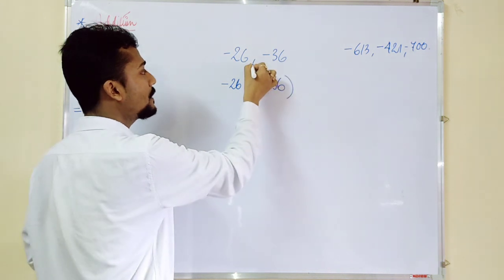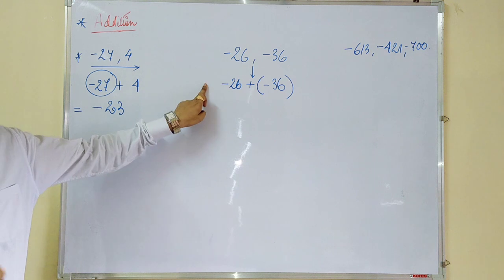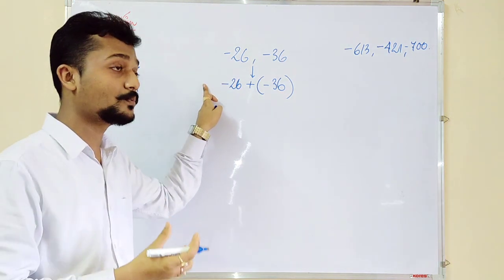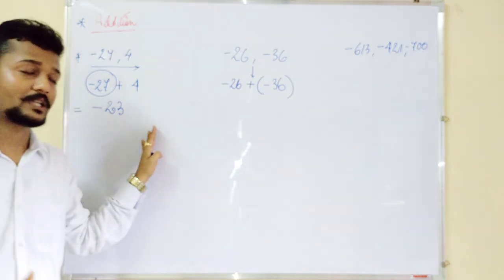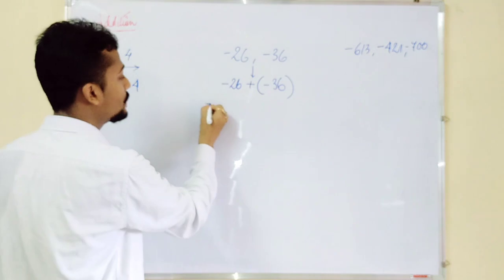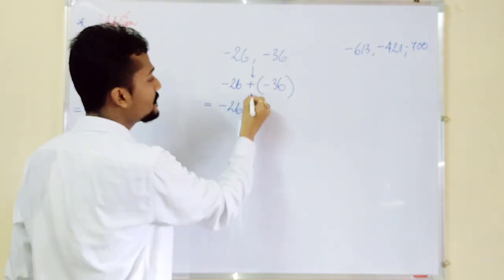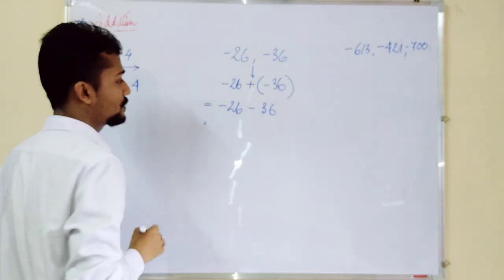Okay, next question, minus 26 plus minus 36. We are adding, so in place of the comma we put plus, and we are not going to put an equal to sign, as I have discussed why not. Next step I put an equal to sign. So minus 26 plus minus 36 is equal to how much?